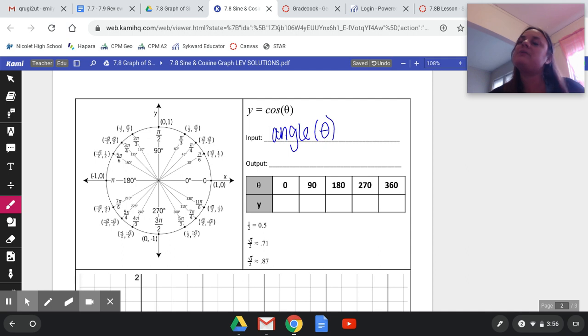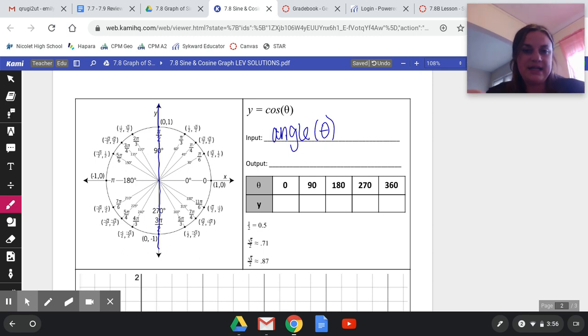For cosine, what I need you to picture is you're on this Ferris wheel, and now you've got this pole that goes down the middle, right? Your y-axis.